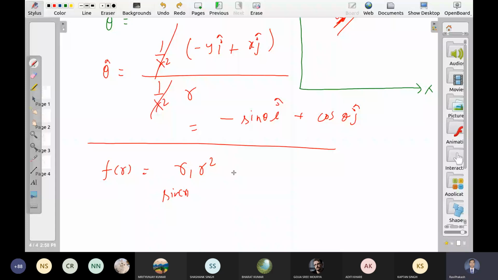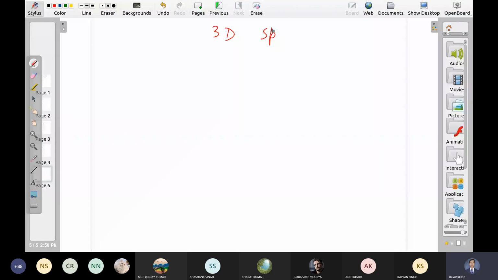So let us go back to the main thing. 3D spherical coordinate. क्या केस था यहाँ पर? So this is x-axis, y-axis.